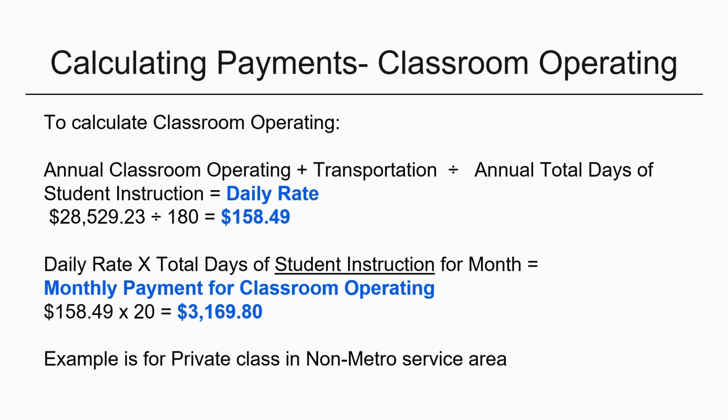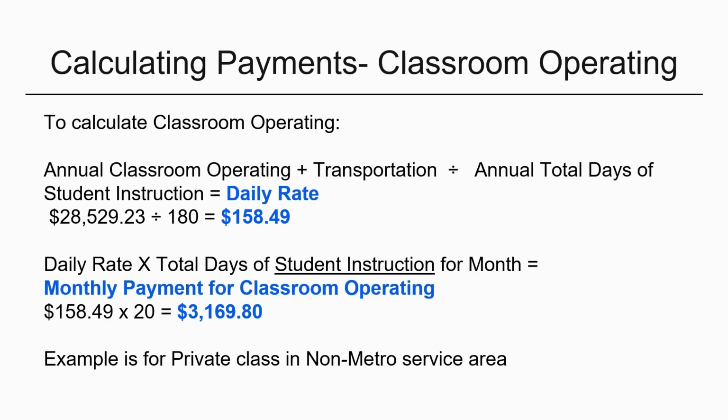We're going to add that together and divide it by the number of student instructional days in your program. Now, this is fine if you're 180 days. It's also fine if you're extending your school day and going fewer days. The end result is that everyone gets their entire grant payment by the 10th payment. It just matters in your daily rate, which is going to be really important in the next step.